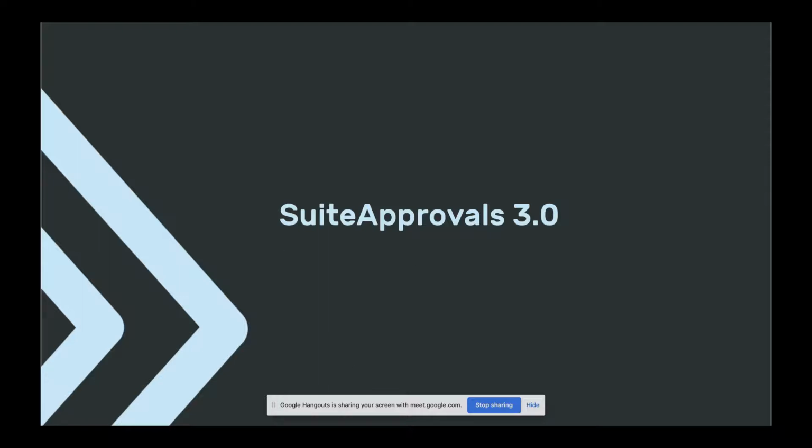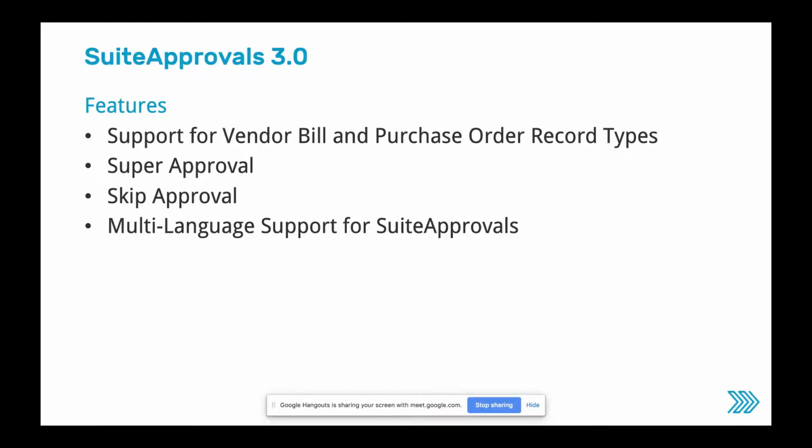It's called SuiteApprovals 3.0, and it includes some improvements in the functionality and some new features. In general, SuiteApprovals enables you to set up employee records, set up general amount limits, and determine if a transaction record will go through the approval process or not.